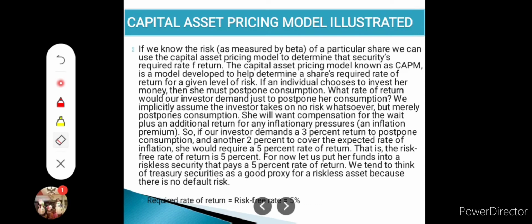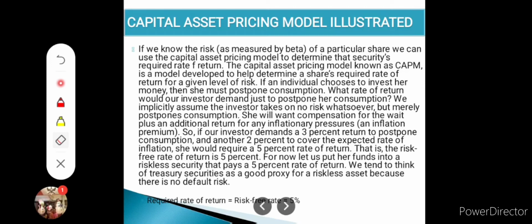The capital asset pricing model, known as CAPM, is a model developed to help determine a share's required rate of return for a given level of risk. If an individual chooses to invest her money, then she must postpone consumption, right?